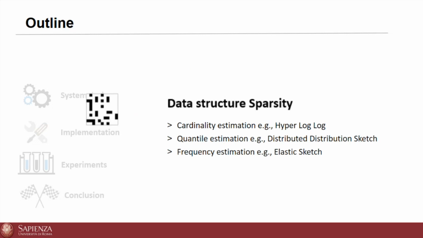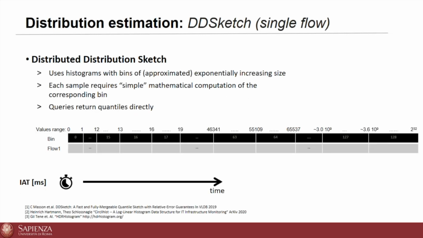Let me introduce the second data structure, the DD sketch. This data structure is used to estimate quantiles for distributions of values. The range of values is divided into bins with exponentially increasing sizes.